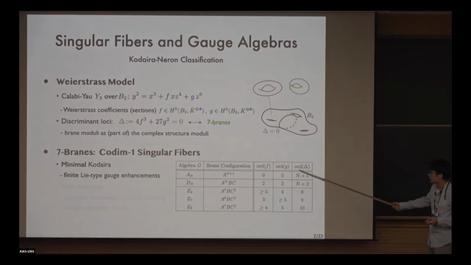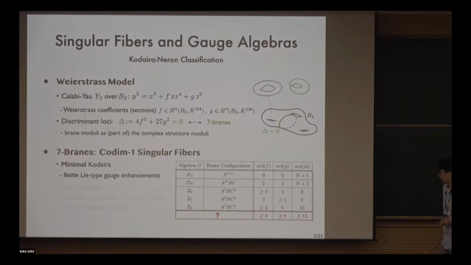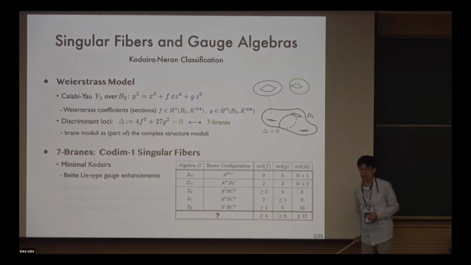However, obviously, this table should not stop here, because in principle, the vanishing orders of f, g, delta could go beyond 4, 6, 12 at a time. The associated badly singular fibers are known as non-minimal fibers, beyond the minimal Kodaira types.